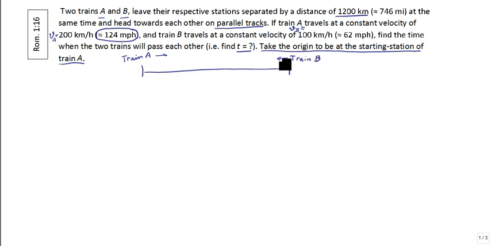And we know that at some point they're going to pass each other. We're not exactly sure where that is, but let's just draw, supposing that they cross paths at this point. Okay, if that's the case, then we could label this distance to be the position of train A, which I'll label as x sub A, and this we will label as x sub B.